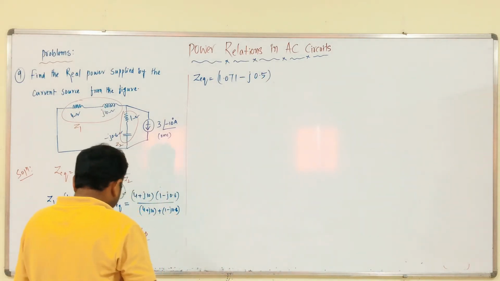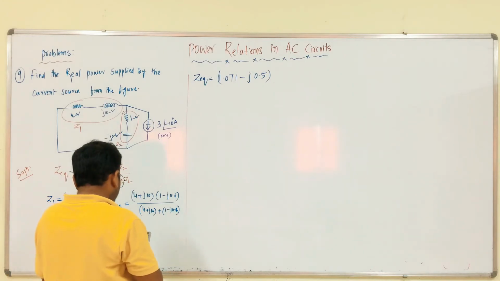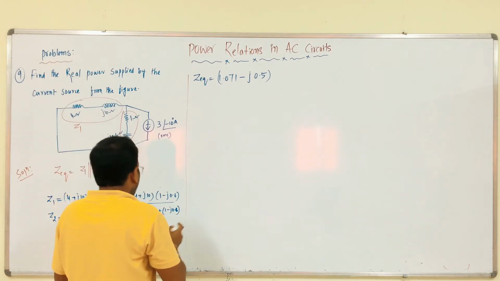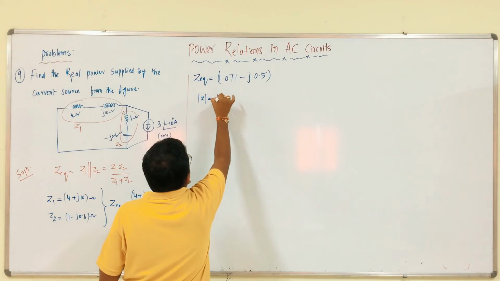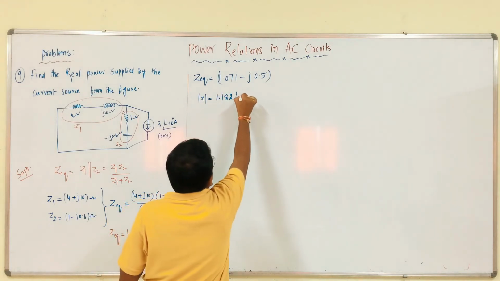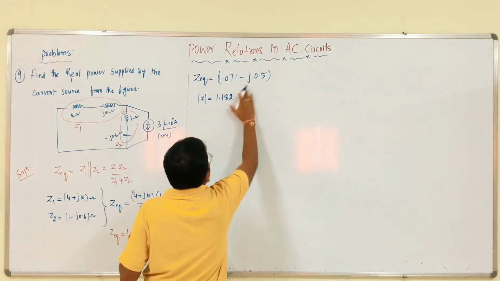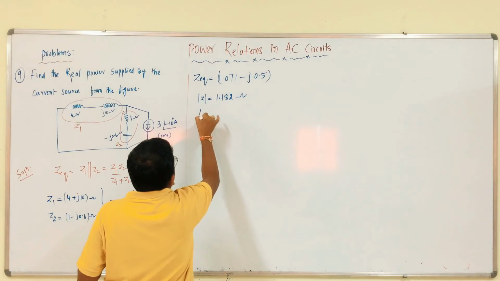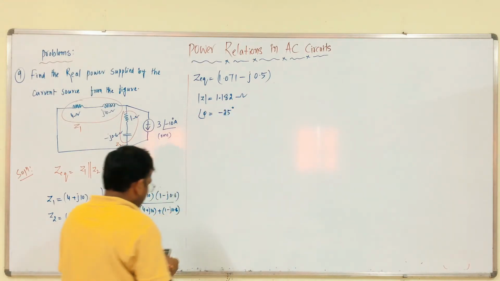So, from this, 1.071 minus j0.5, we are having mod Z is equals to what? 1.182 at an angle minus 25 degrees.